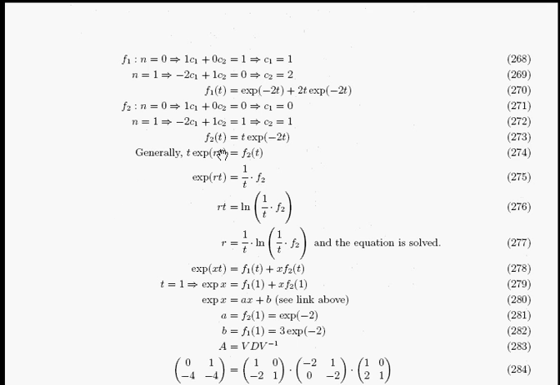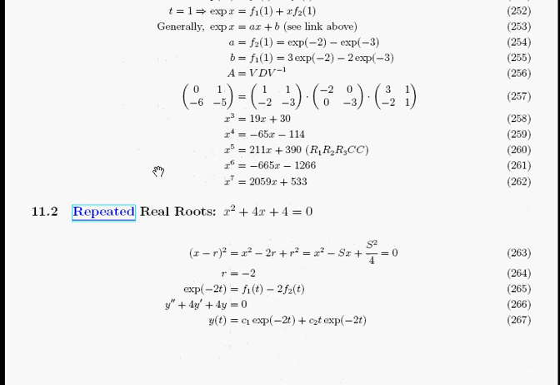So f2 is t exponential of minus 2t because of reduction of order. That's what we learn in ODEs of repeated real roots.